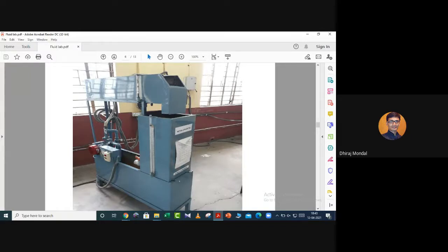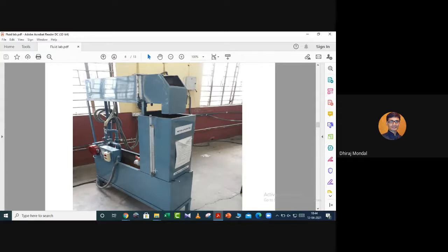From the pump, water is sucked from the sump, and the water comes through the delivery pipe and flows throughout this open channel, and the water falls from this point. It may be a rectangular notch, it may be a triangular notch, based upon the size and shape of the particular part. And the water comes here into this particular cistern tank.